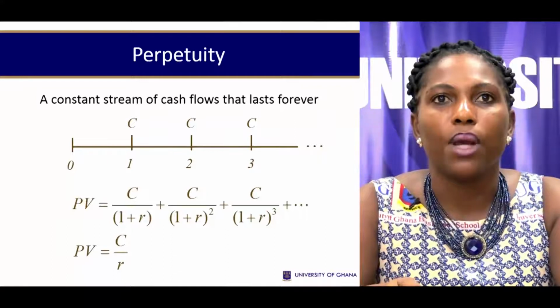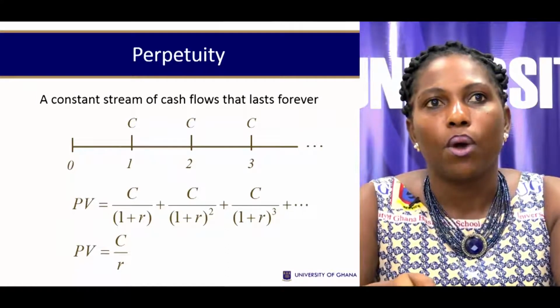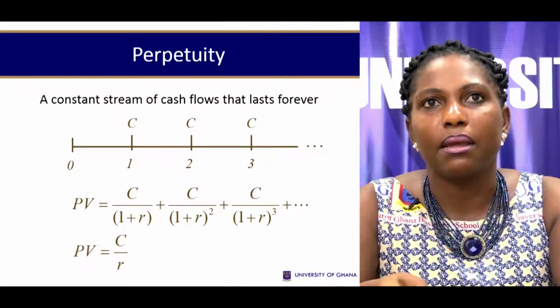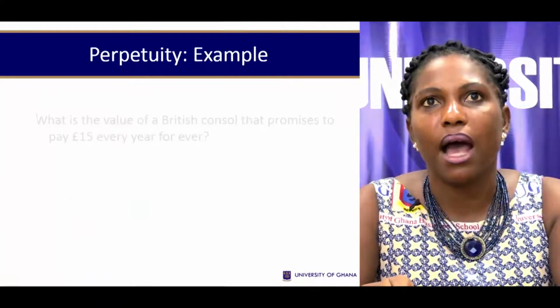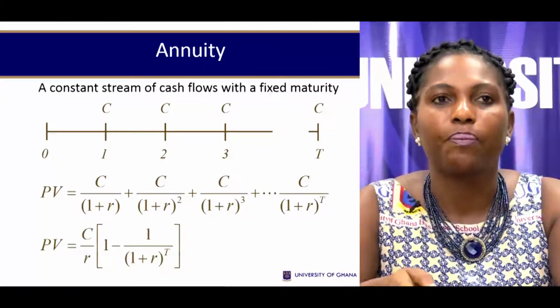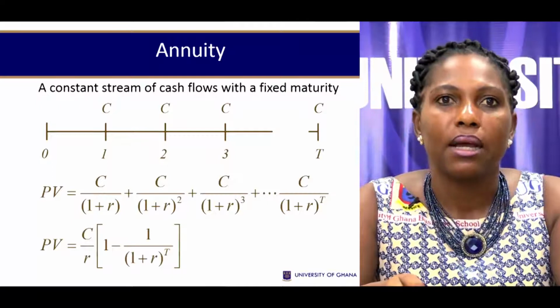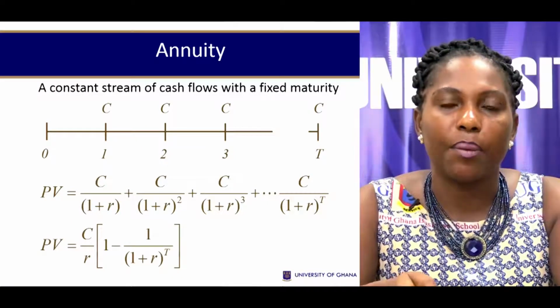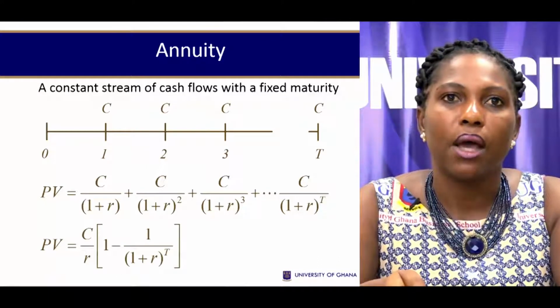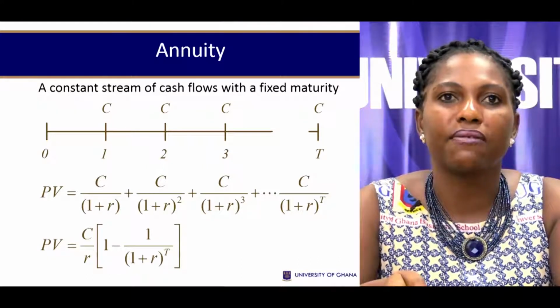Now, when we look at the present value of this and it goes on indefinitely, by using what we refer to as the annuity formula, which is given as this, we realize that the perpetuity is similar to the annuity, the only difference is that t approaches infinity.